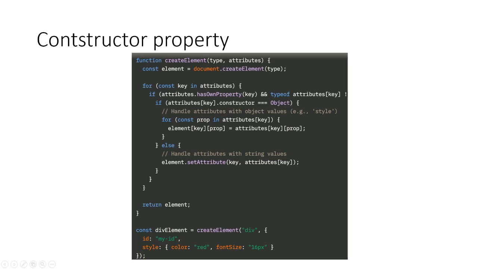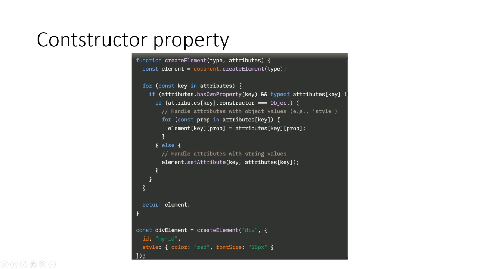So we have this function createElement. It looks like we're accessing the document to create an element of a certain type, which is passed into the function. Now we're looping through each key in the attributes that are passed in.